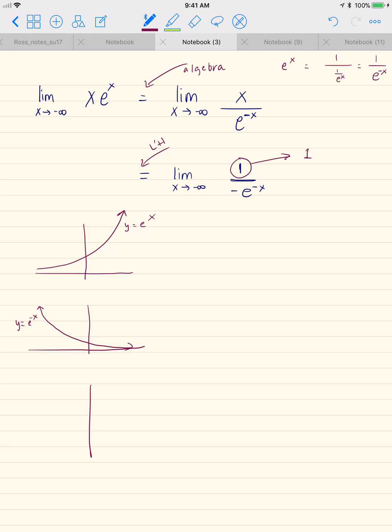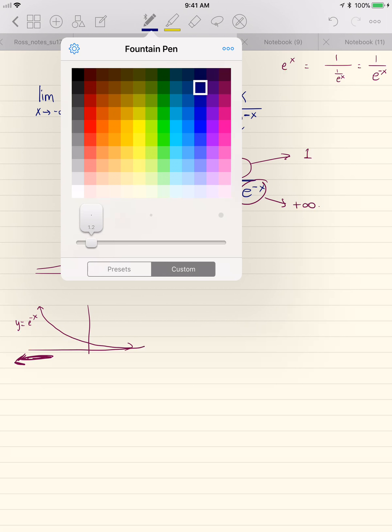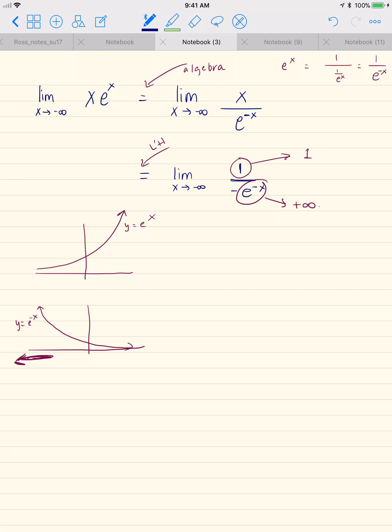Okay, and so what happens as x goes to negative infinity, e to the negative x goes to plus infinity. So e to the negative x is going to go to plus infinity. So since our denominator is getting really large and our numerator is staying constant at 1, this limit is going to be equal to 0.